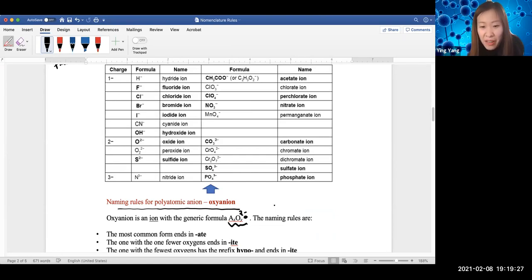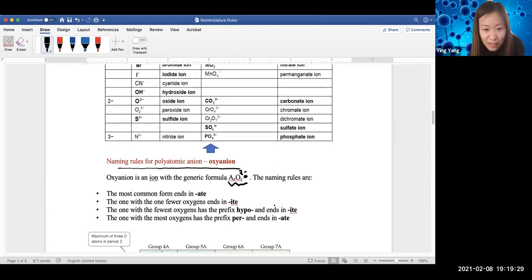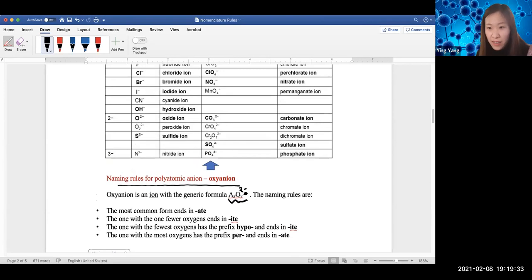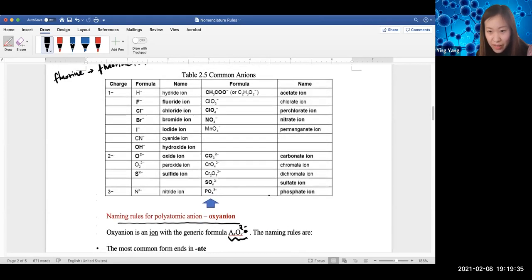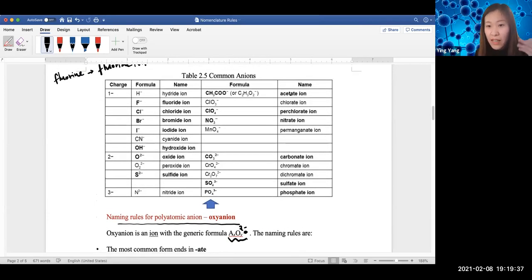The naming rule here is that the most common form ends in ATE. You can see plenty of examples over here. Acetate ion, chlorate ion, nitrate. These are the ones that you're required to know.